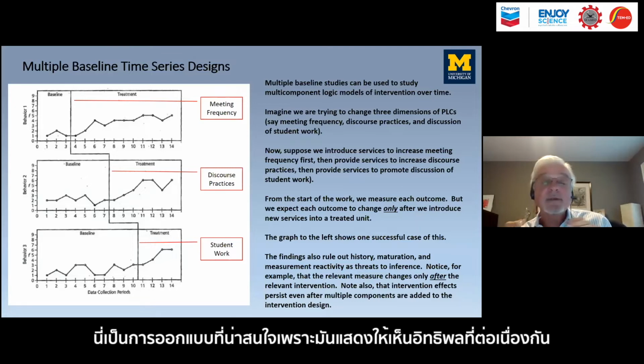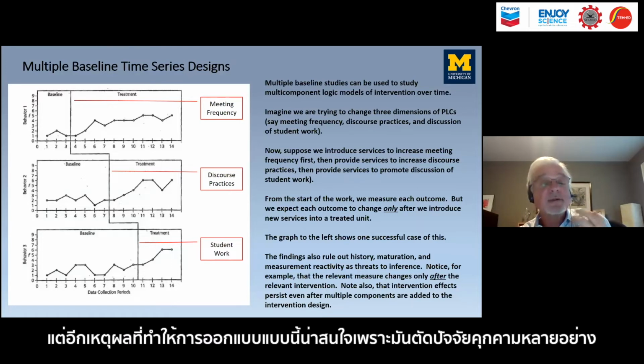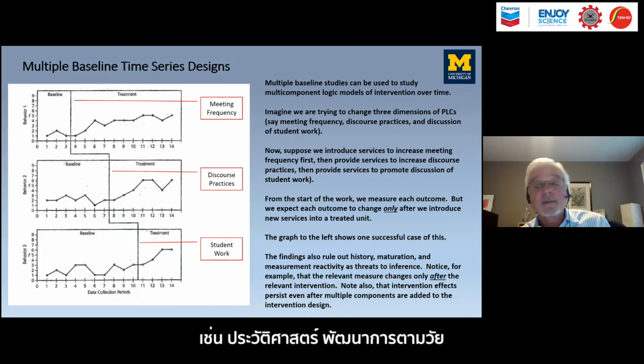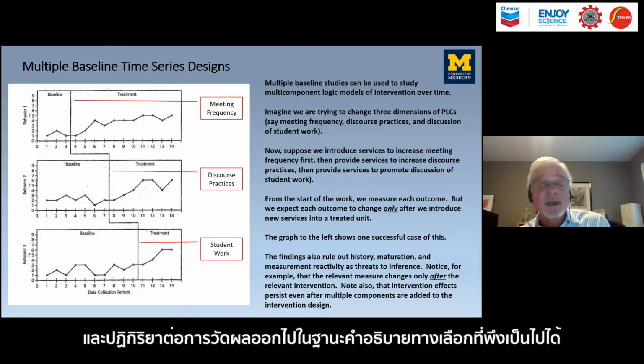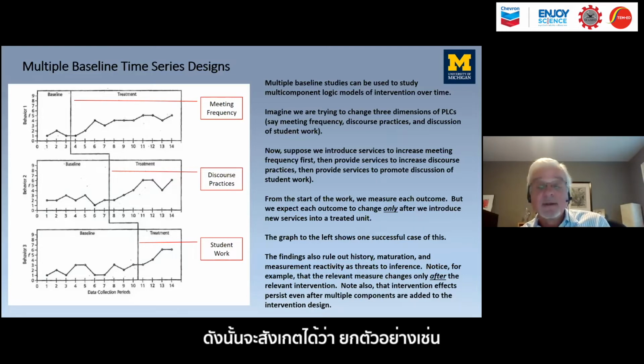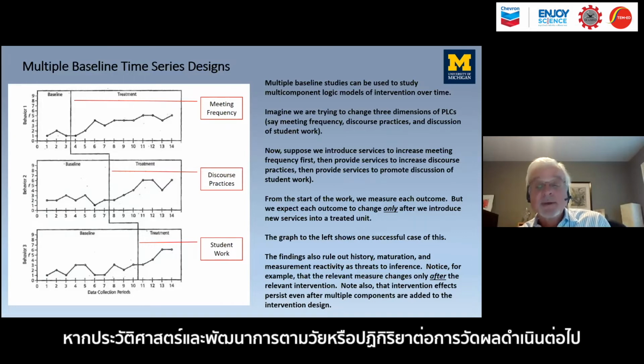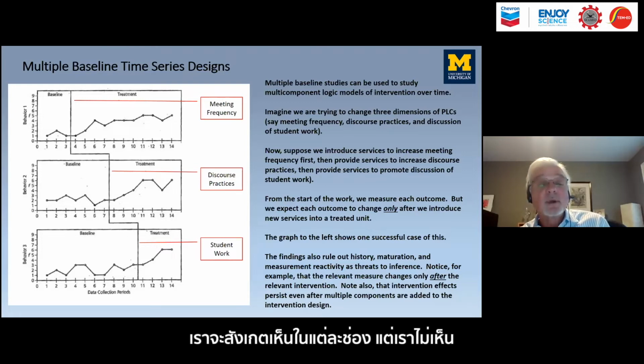So it's an interesting design because it shows the sequence of effects, but it also is an interesting design because it's ruling out various threats like history and maturation and measurement reactivity as potential alternative explanations for the treatment effect. So notice, for example, if history and maturation or measurement reactivity were going on, we would observe that in each panel, but we don't.